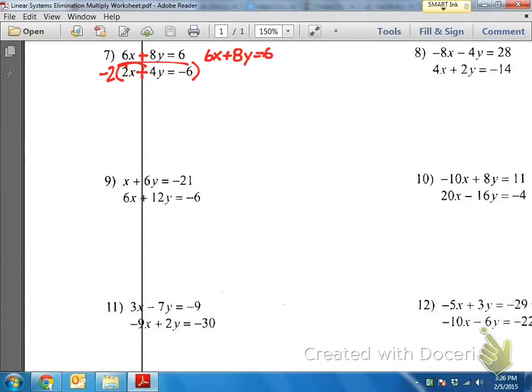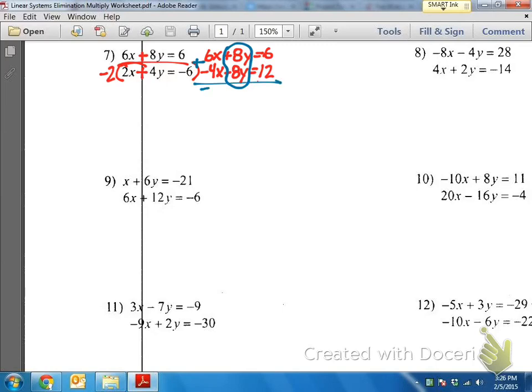On the bottom, we have negative 4x minus 8y equals positive 12. The goal was to make it the inverse, so it's positive and negative 8y, perfect. Now we can add these equations together.